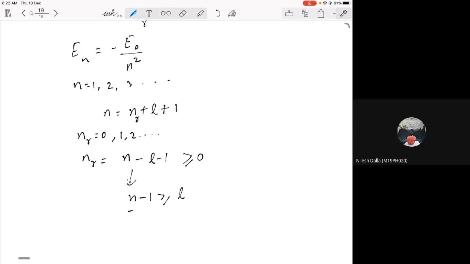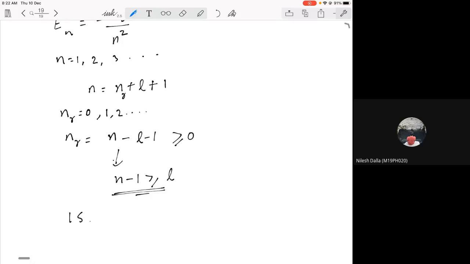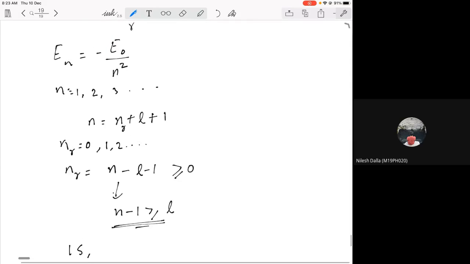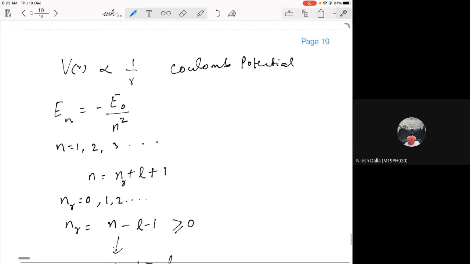This is the condition which leads to the existence of only one s. So you cannot have, say, one p and one d, because of this restriction. And this is all due to this different potential that we have.